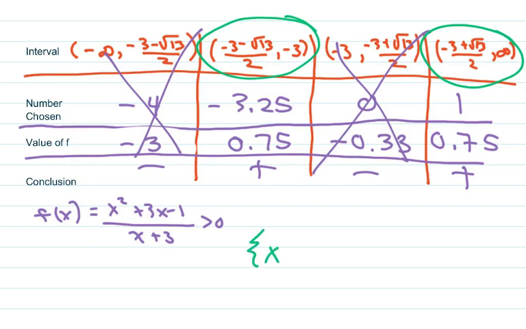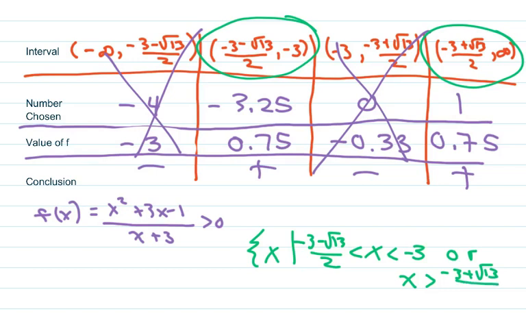So it's x such that x is in between negative 3 minus square root of 13 over 2 and negative 3, or x is greater than negative 3 plus square root of 13 over 2. And that's your solution set.